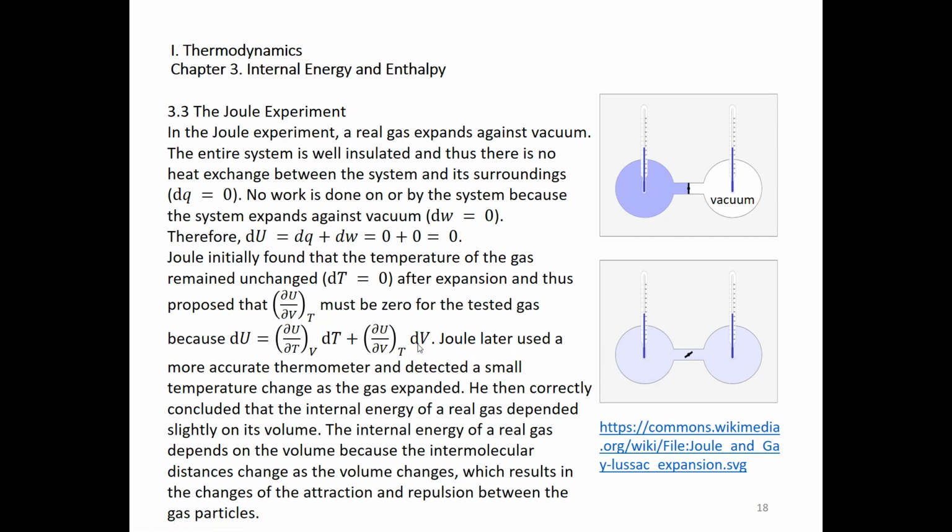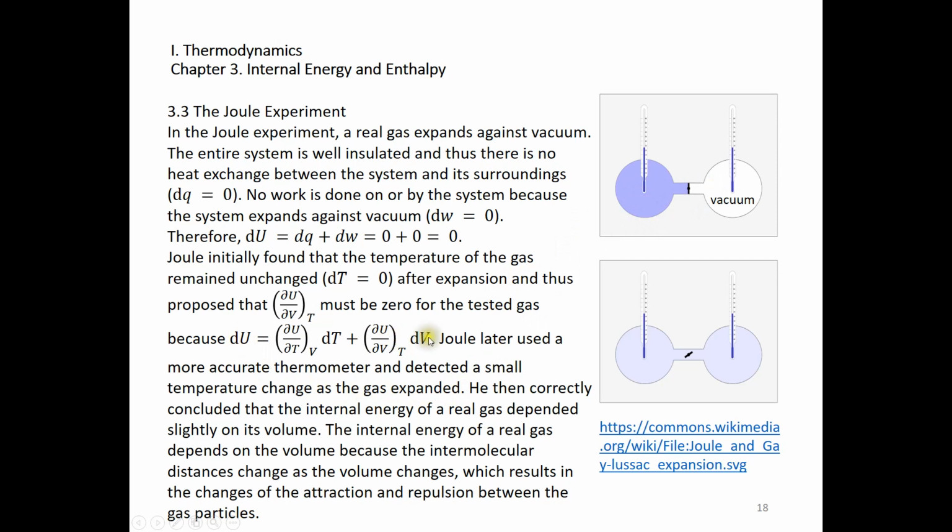The conclusion is (∂U/∂V) at constant temperature has to be 0 based on this Joule experiment. However, the conclusion is wrong. Joule later used a more accurate thermometer and actually detected a very small temperature change when this real gas expanded against vacuum.